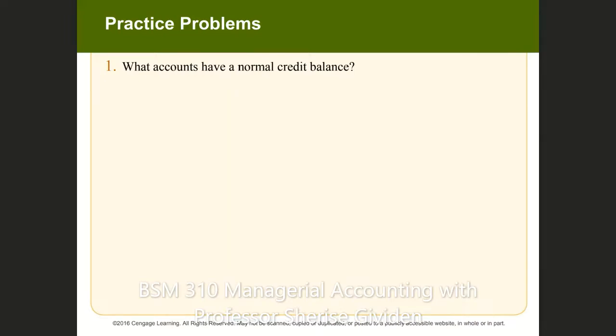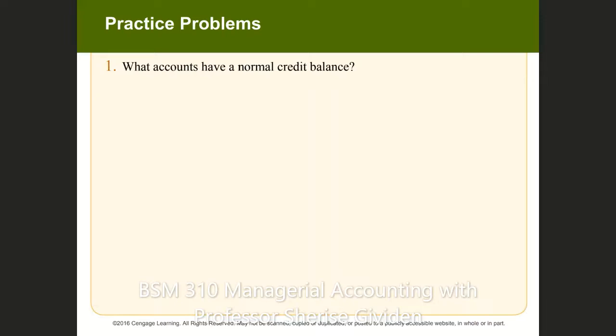I mean, realistically there are negative accounts, but for the most part it is expected for you to have an account that has a positive number in it. So the normal balance for an asset account is what increases the asset account. So the normal balance is going to be a debit for an asset.